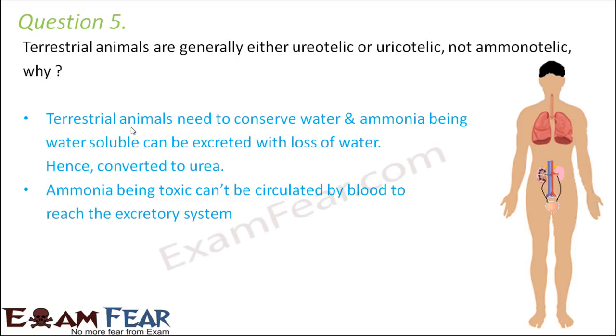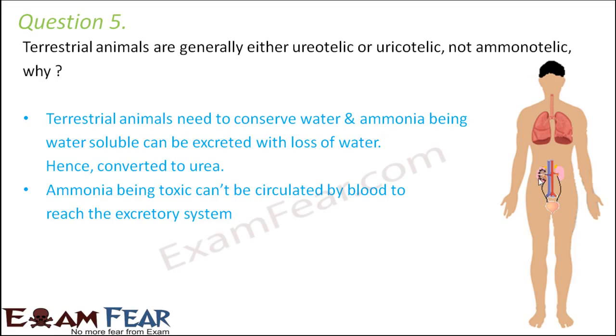Also, ammonia being very toxic cannot be circulated by blood to reach the excretory system. So here what did you see? We talked about the excretory system in human beings. Now how did the waste materials enter the excretory system? In the kidney. So from where did it enter the kidney? Through the afferent arteriole. So they are nothing but the blood vessels. So that means the blood which is circulating throughout the body is also containing the waste materials which finally is reaching the excretory system to be thrown out of the body.